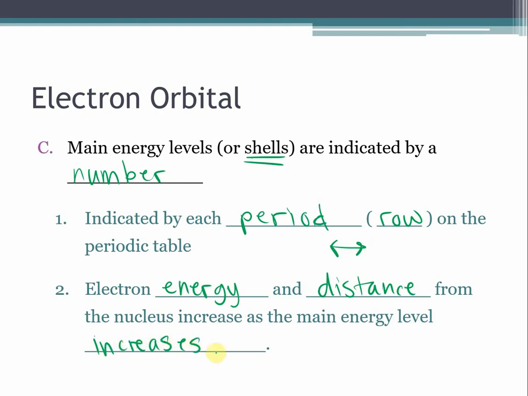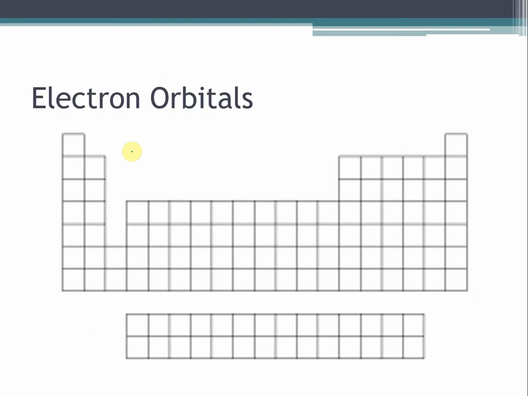So what this means is, looking at your periodic table, you have your first row, and it is numbered on your periodic table: period 1, period 2, period 3, 4, 5, 6, and 7. And these rows right here, they actually insert into the table right there. So there are 7 rows, there are 7 main energy levels.